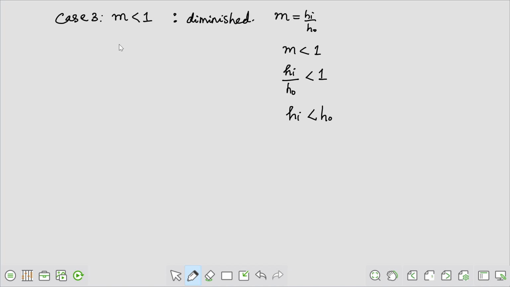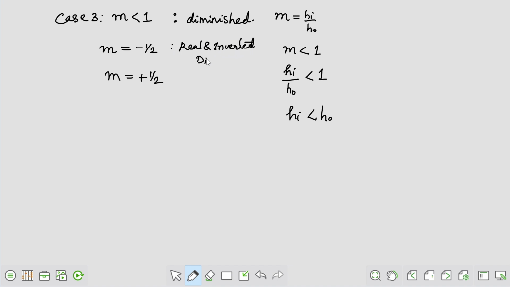So less than 1, m is equal to, it can be minus 1 by 2, or I am writing m is equal to plus 1 by 2. What does it mean? Magnification minus 1 by 2. What does it mean? It means that the image formed is real and inverted and it is diminished.